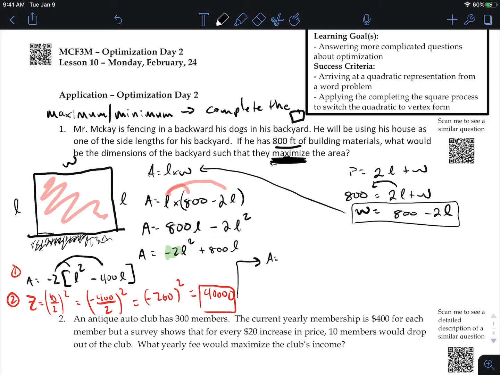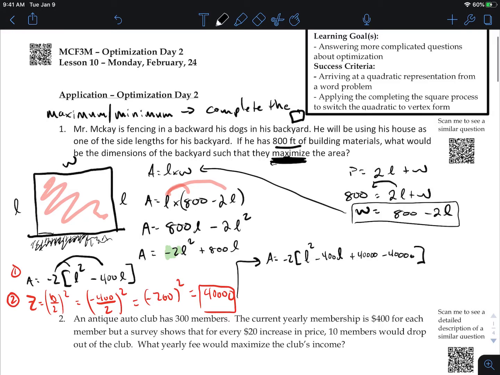So area is going to equal -2L squared minus 400L plus 40,000 minus 40,000, right? And then we remember the first 3 numbers. Look, we find this magic number.